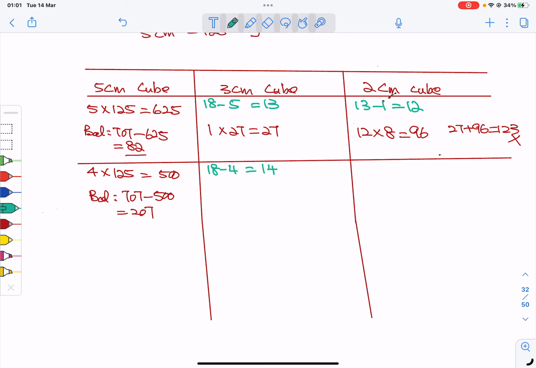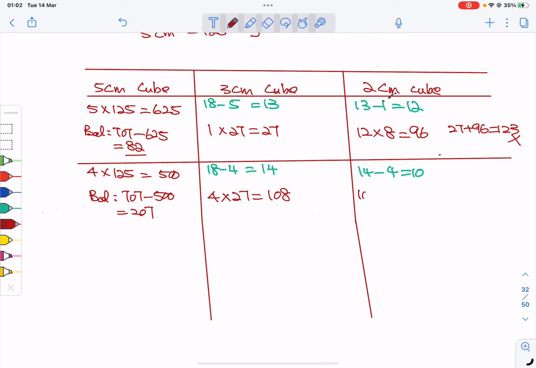So 14 pieces, let's try the set, which is 4 times 27, I will have 108. So here, if I have 18 minus 4, 14, 14 minus 4, I will be left with 10.